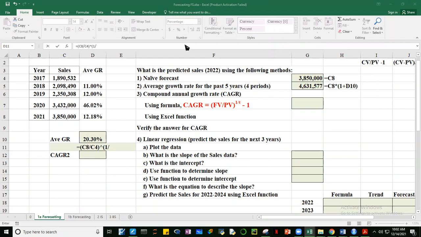Now, T, guys, is the number of periods. So bilangin natin number of periods na to. 2017 to 2018, that's 1. 2018 to 2019, that's 2. 2019 to 2020, that's 3. 2020 to 2021, that's 4. So 4 periods. Take note, guys, yung T dito is the number of periods.